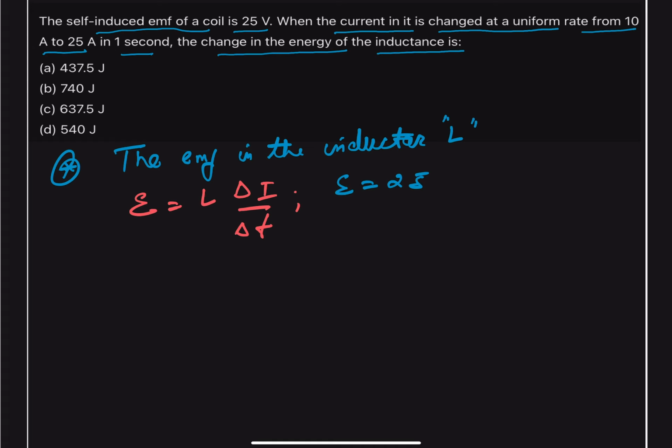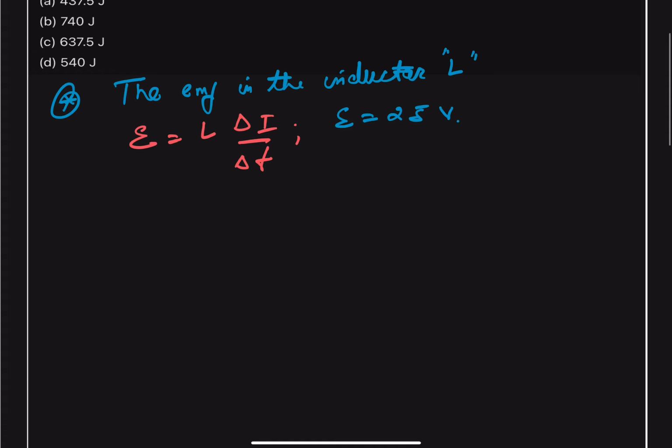And the change of current, that is our delta I, will be equal to I2 minus I1, which will be 25 minus 10, giving us 15 ampere, and the time is given as 1 second.